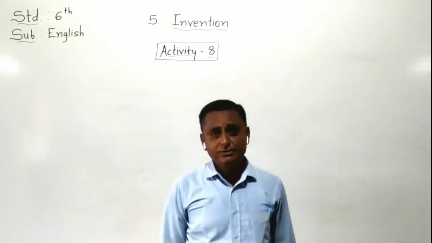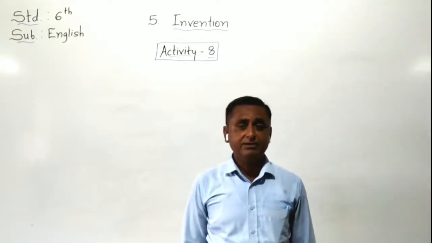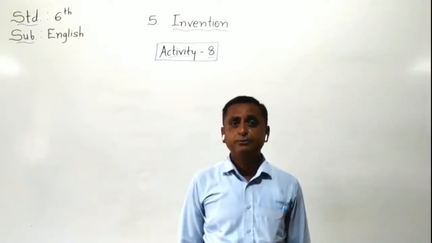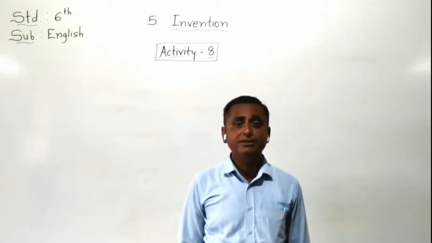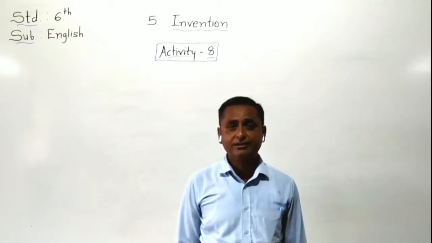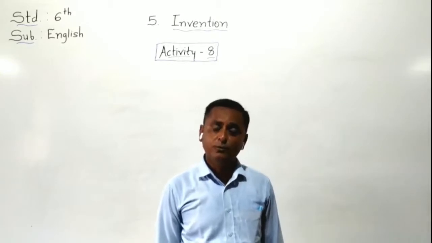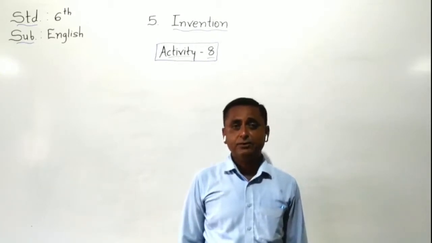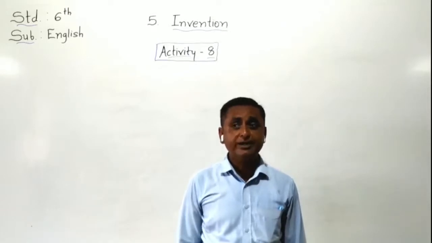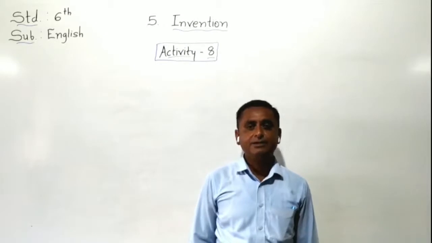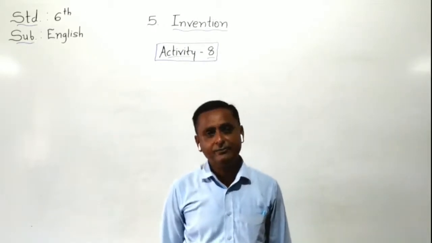As you know students, in activity number 7, Lawrence found the smart bell to solve the problem with his mother. Whenever his mother went outside, she missed all the deliveries. Seeing that problem, Lawrence decided to create something so that his mother did not miss any deliveries.